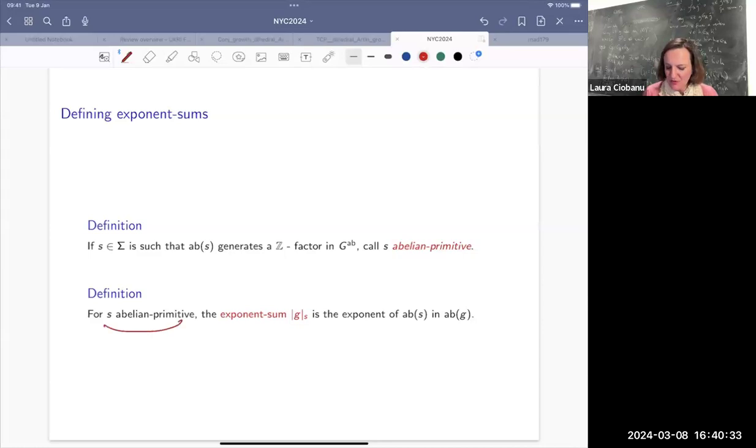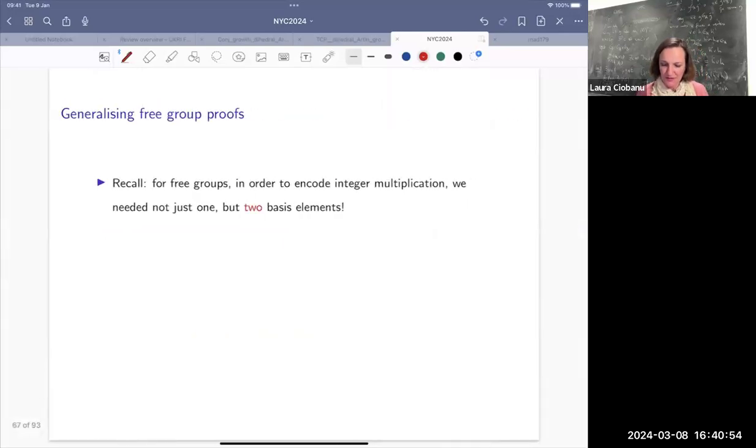But if S is abelian primitive, then the exponent sum of S in any element G is well defined, and it's the exponent of the abelianization of that generator in the abelianization of your element G. So you need to be careful, but it can be done.